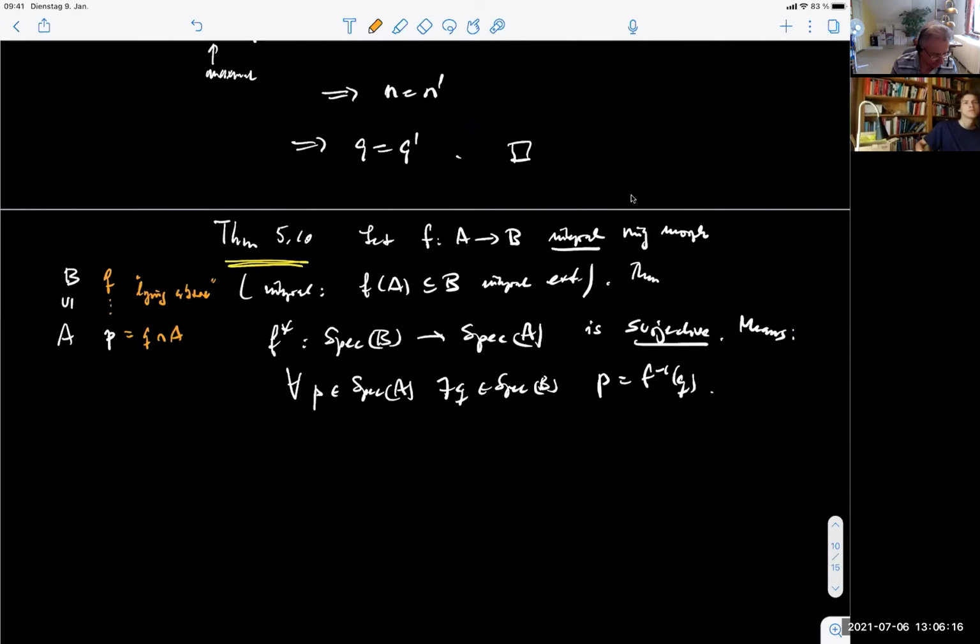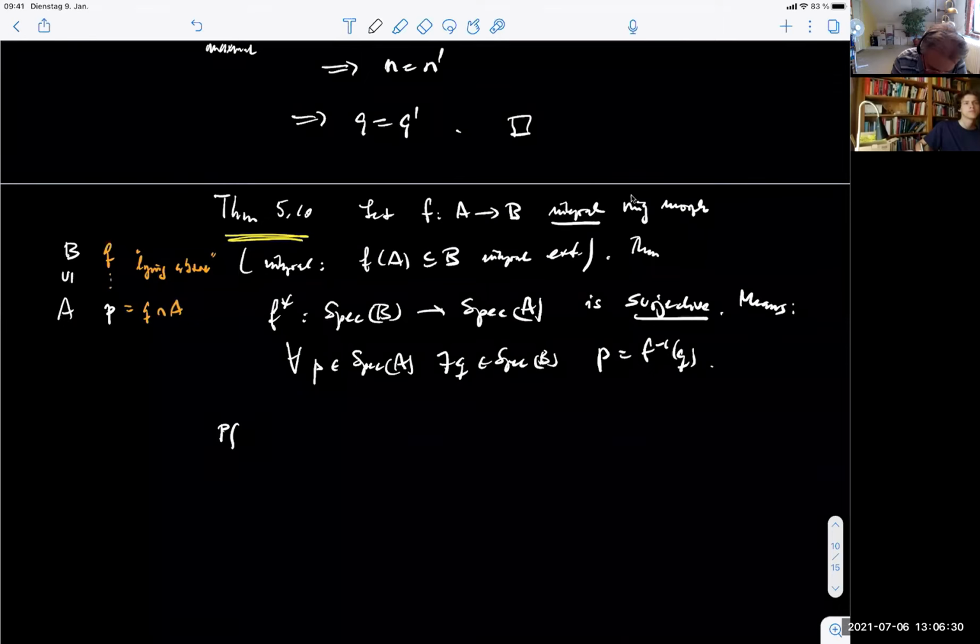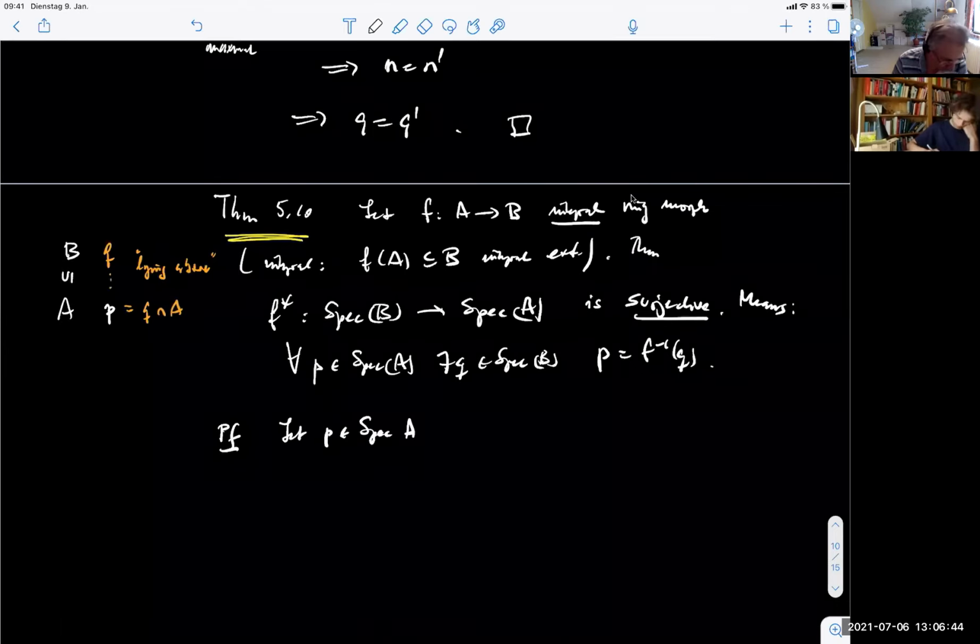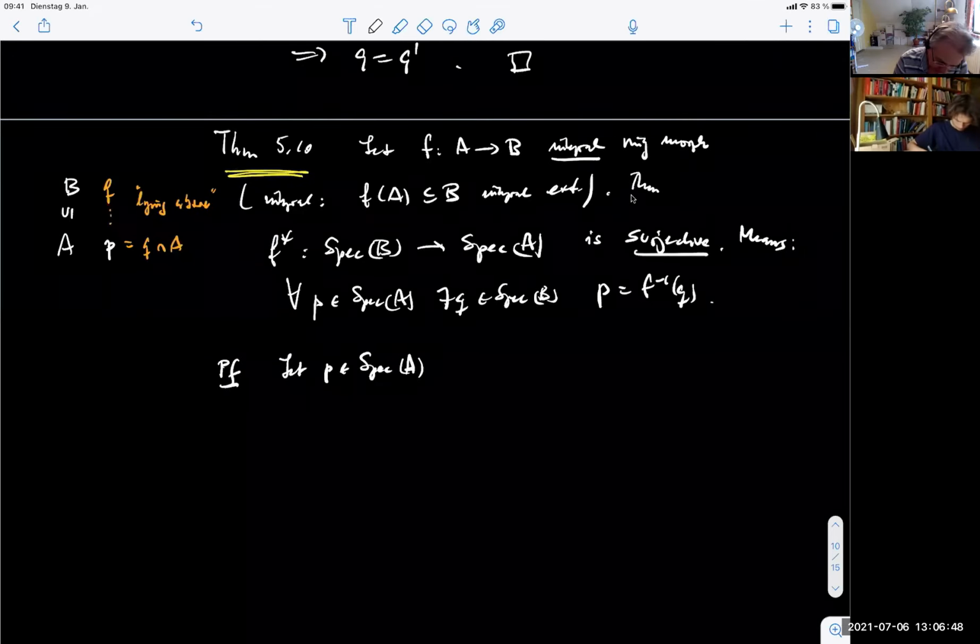So let's prove that. Essentially the work is done, but it's also another example of a proof where we can use these concepts of localization. So what do we do? P is in the spectrum of A. Then I look at the following commutative diagram.